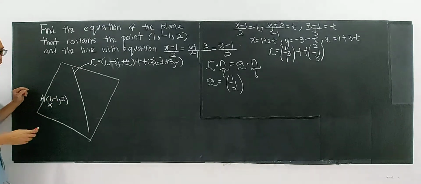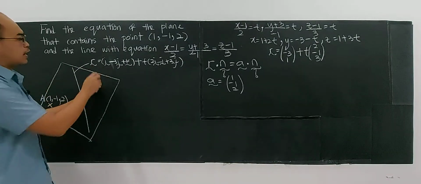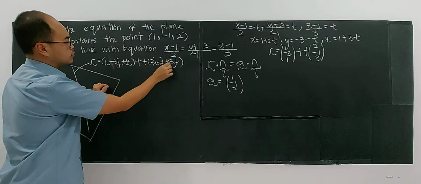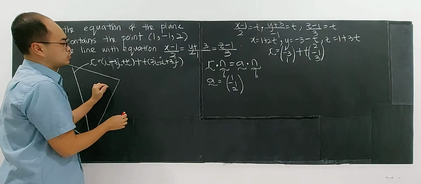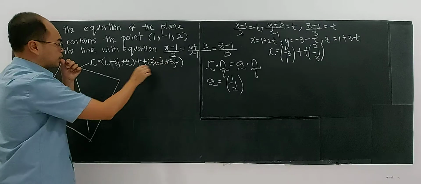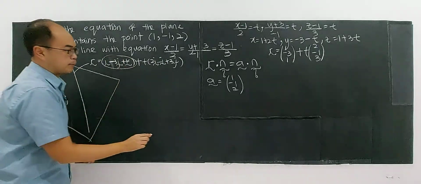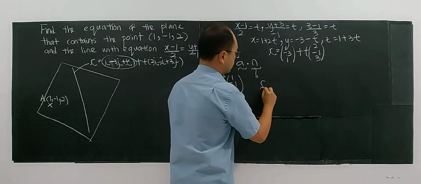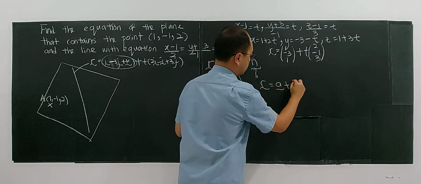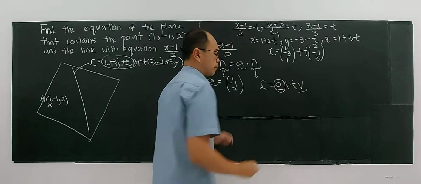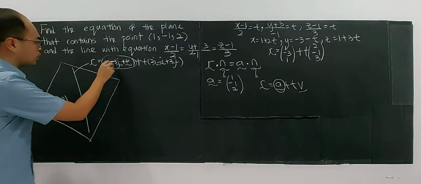Very simple. We know that r equals a plus tv. On the line, based on the equation of the line, a is a fixed point on the line, one of the points on the line.